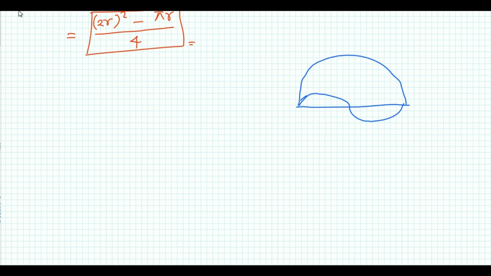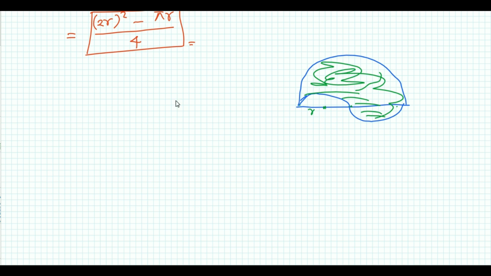I think you are understanding this portion, and it is given that both circles are equal, of radius r. So how will you calculate this one?